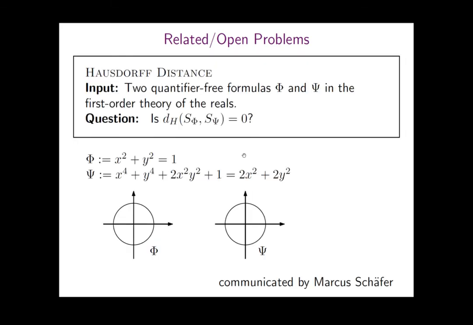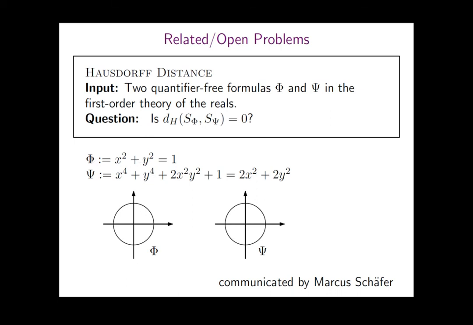My last problem, which was actually communicated to us by Markus Schäfer, is about the Hausdorff distance. We are given two quantifier-free formulas, phi and psi, in the first order theory of the reals. The question is whether the Hausdorff distance is 0 or maybe smaller than some given epsilon. For us this boils down to: are these two sets the same?